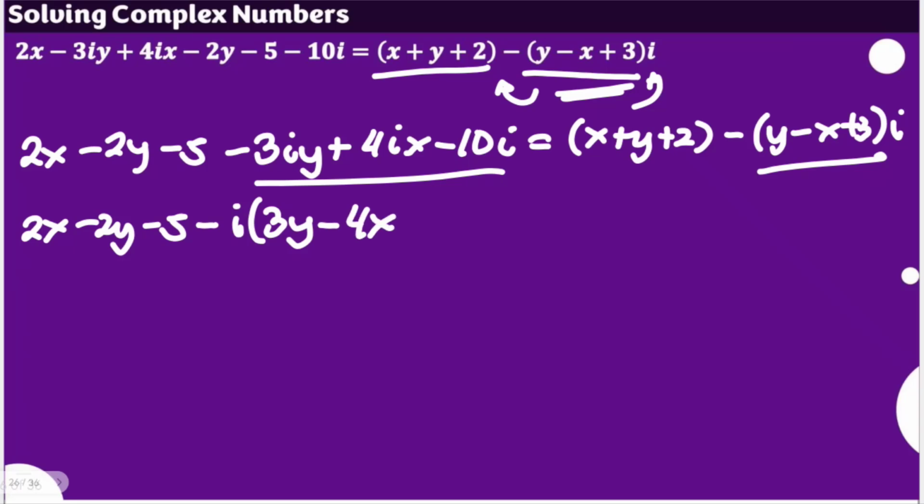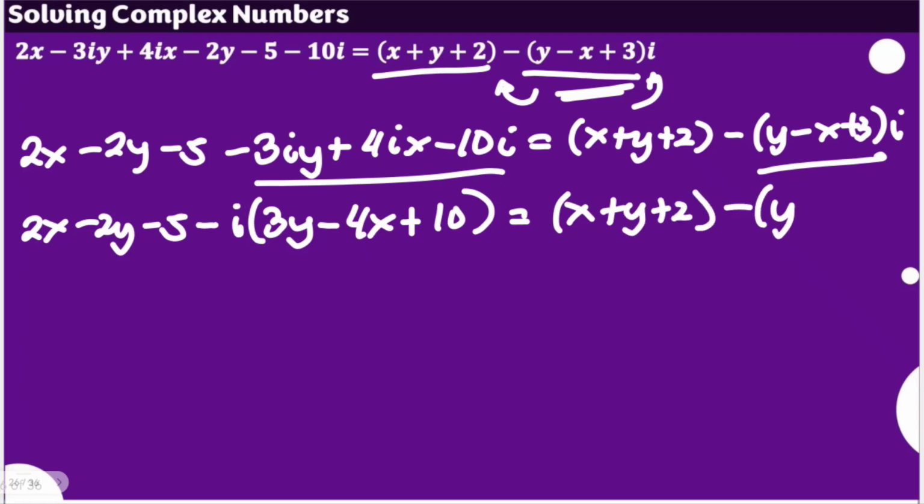Please take note of that. As I factor out negative here, this will become plus 10. If you're not convinced with that, you can always try to multiply that. So minus 3iy plus 4ix and minus 10i. So basically, we're doing that right. Here, you have x plus y plus 2 minus again y minus x plus 3i.